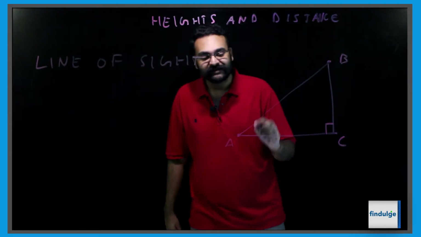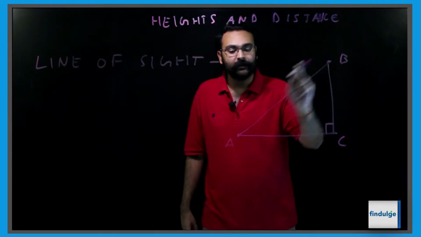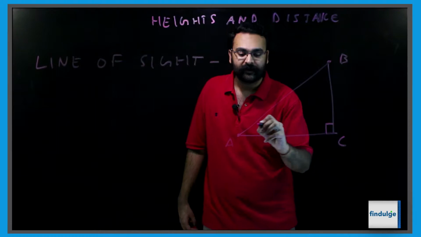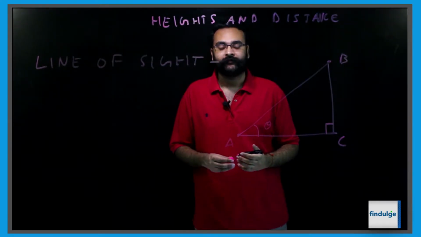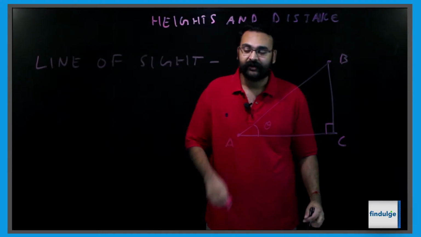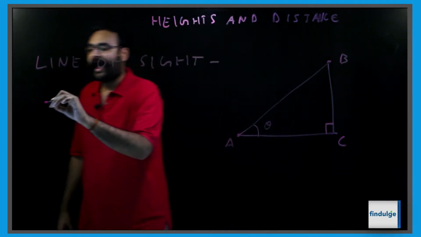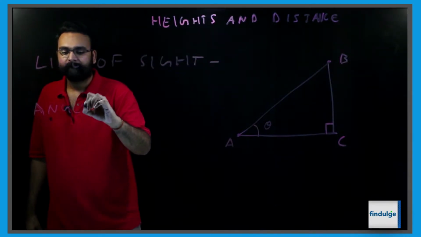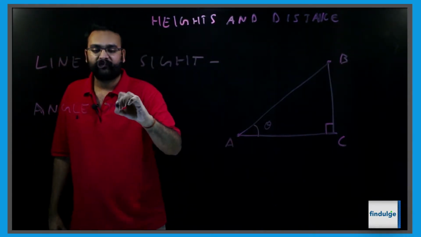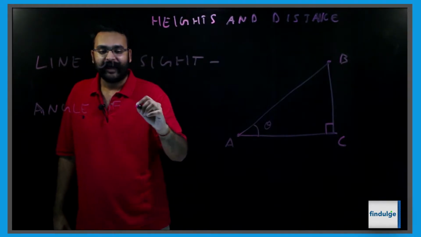And if it is a right angle triangle, it will follow certain trigonometric properties. So, let's assume that the angle BAC is equal to some value theta. This angle is known as the angle of elevation.